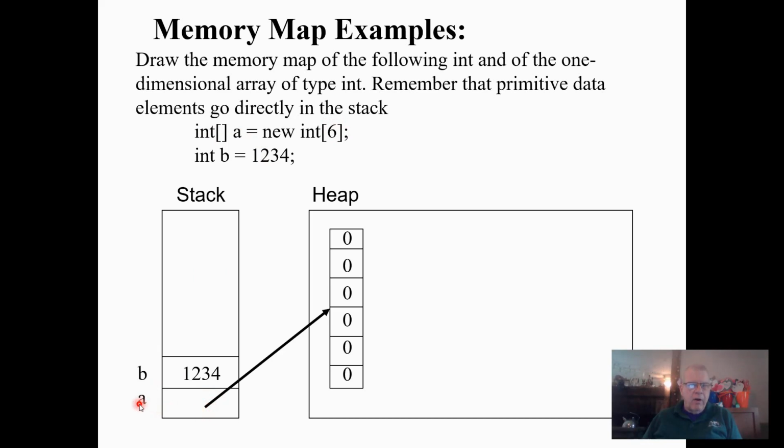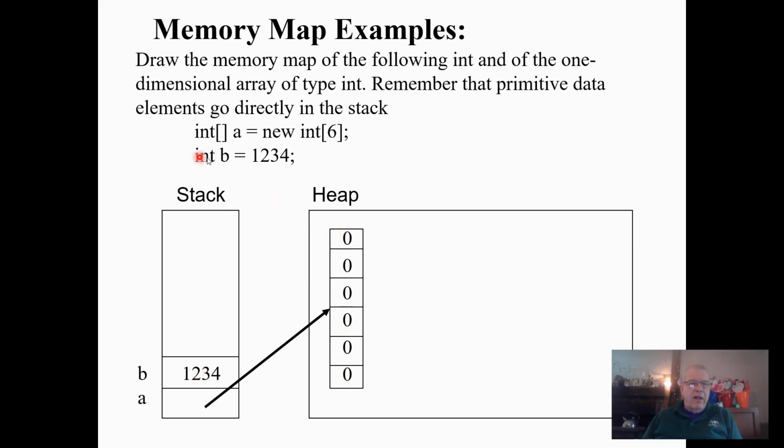Now, like I said before, A, the name of this array, is outside the stack, and the memory address is what is actually put in the stack. And so we have an arrow that represents the memory address. It points to an array of all zeros. The default value is 0 for an array.